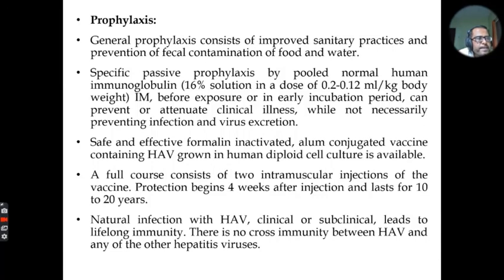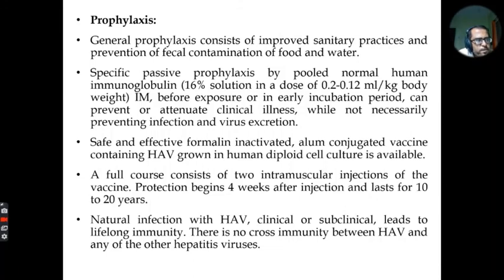Means the immunity developed against hepatitis A virus only acts against this virus. It does not act against the hepatitis B virus. Once immunity is developed in children against hepatitis A virus, it is not effective against hepatitis B virus. So there is no cross immunity.